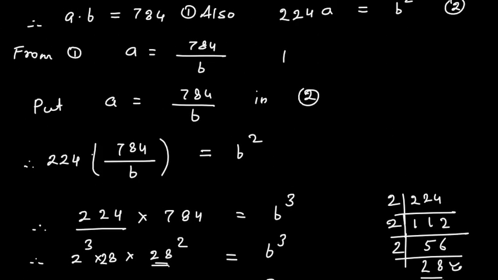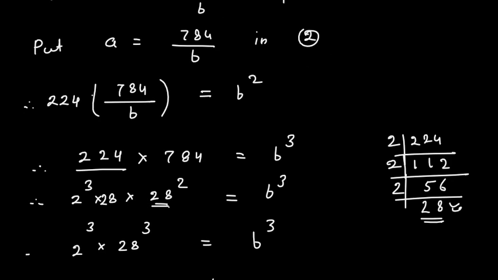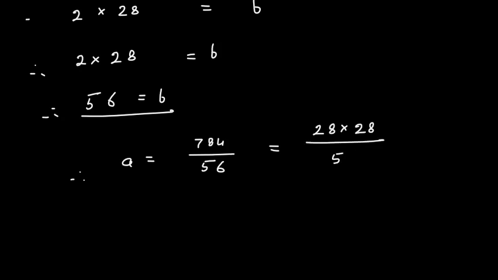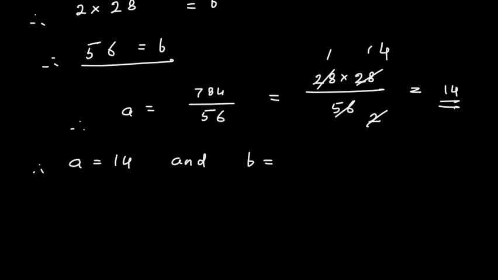Now the value of b is 56. The value of a is 784 upon b. So a is equal to 784 divided by 56. This 784 is 28 into 28, divided by 56, so a is 14, and we get b as 56.